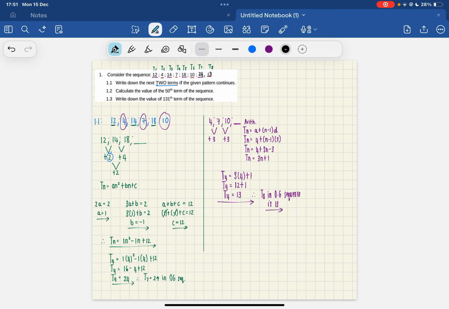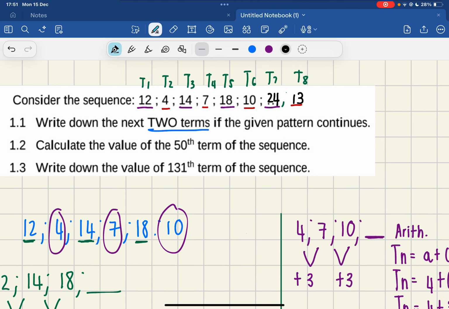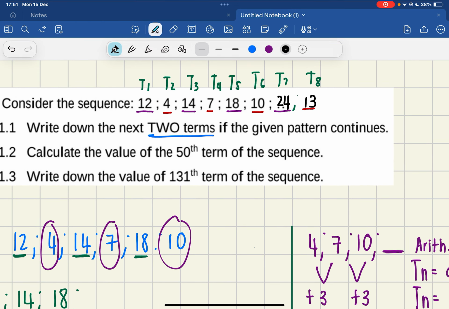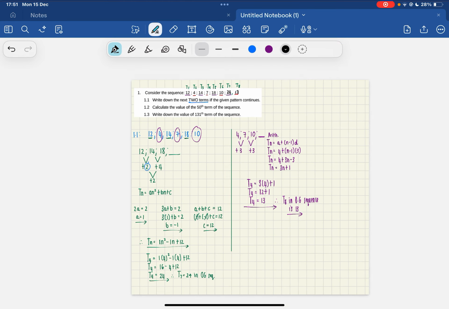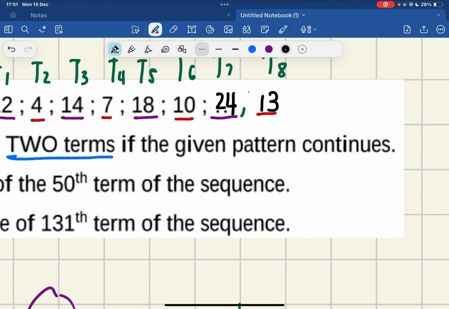Now, boys and girls, I want us to deal with calculating the value of the 50th term. They say calculate the value of the 50th term in the sequence. I don't want you to be going on, off, on, off. We already see a pattern here.